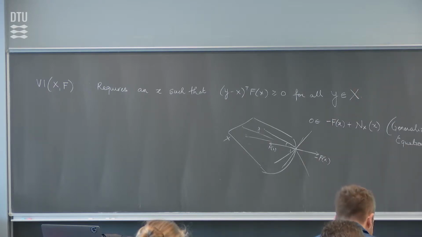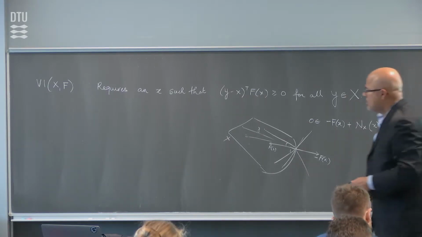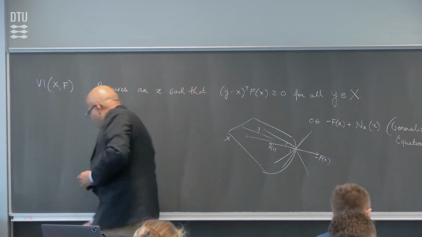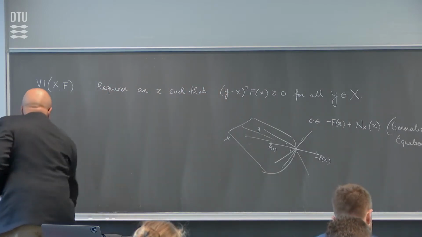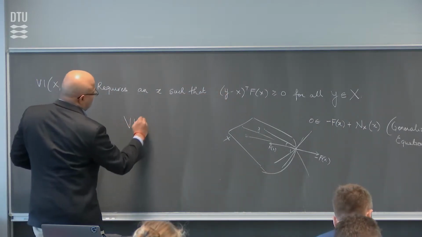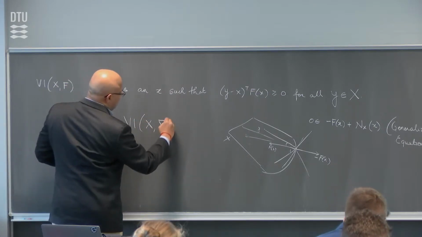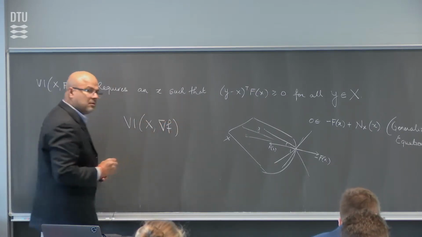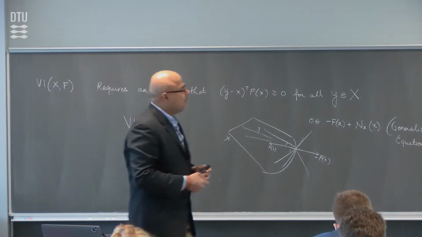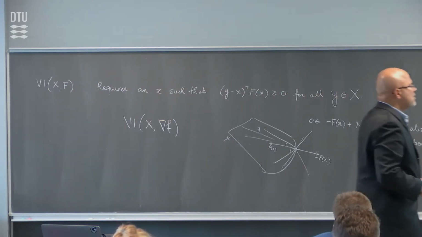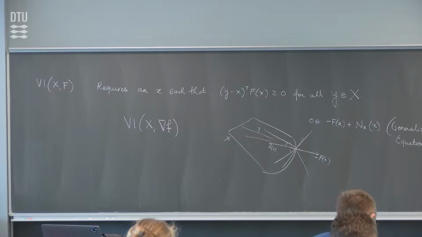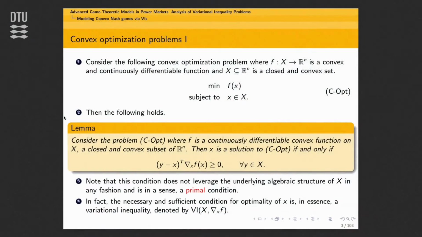X is a solution to this optimization problem if and only if X solves VI(X, gradient of F). So that's the mapping. Now, this condition does not leverage the underlying algebraic structure of X. X could have some nasty structure within it.